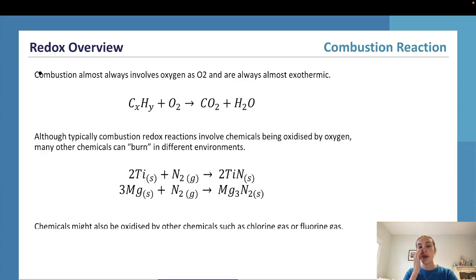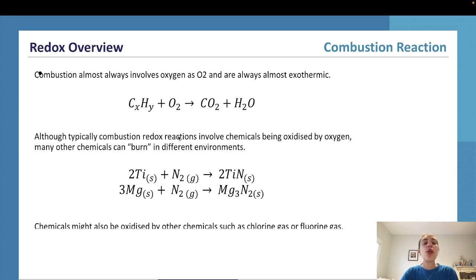They follow this typical rule where they need to have some sort of hydrocarbon, something that involves hydrogen and carbon bonded together, then reacting with oxygen under heat, and will pretty much all the time form carbon dioxide and water as its products. So when you see something where its only products are carbon dioxide and water, and there's oxygen as one of the reactants, you can typically assume that you've got a combustion reaction.